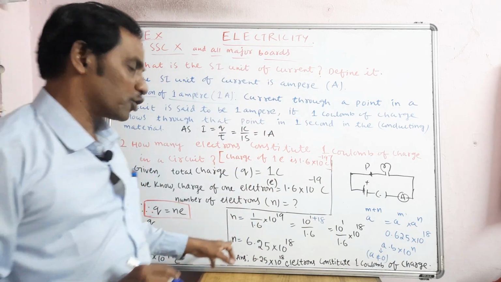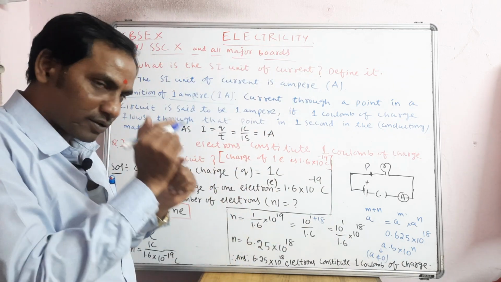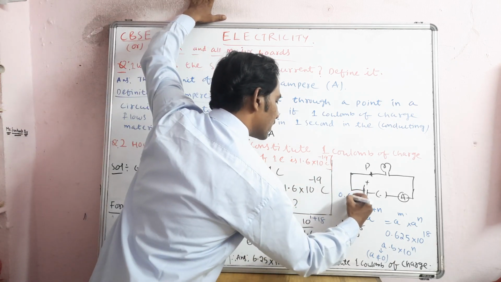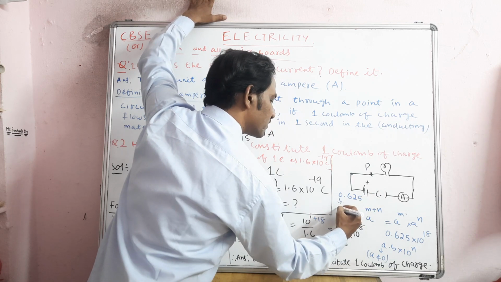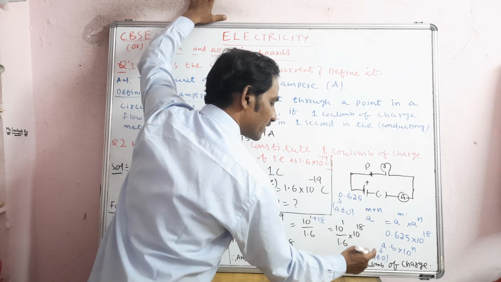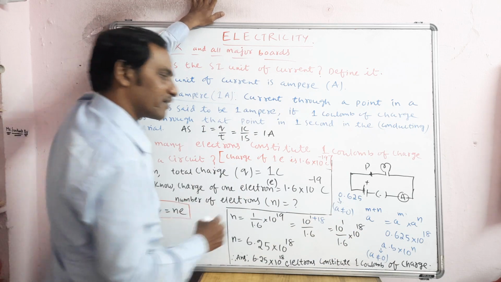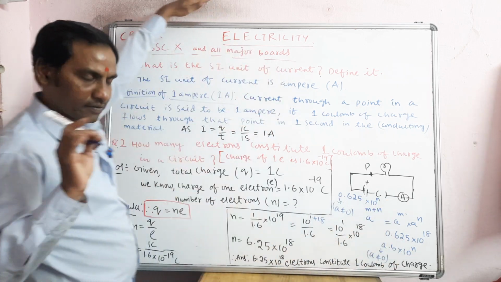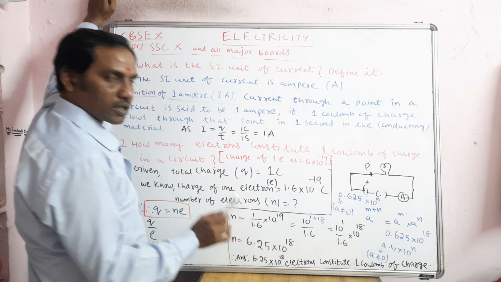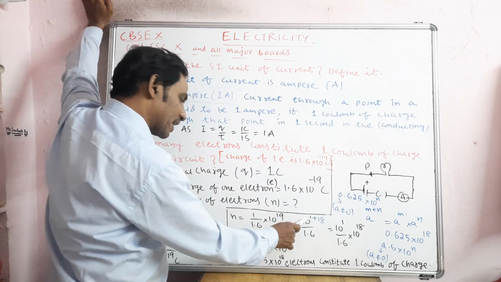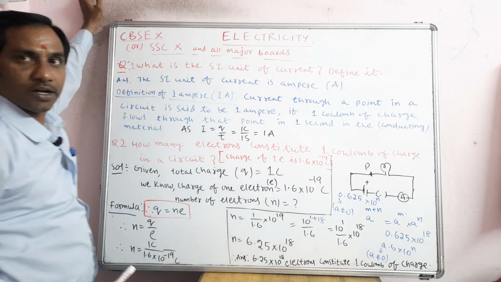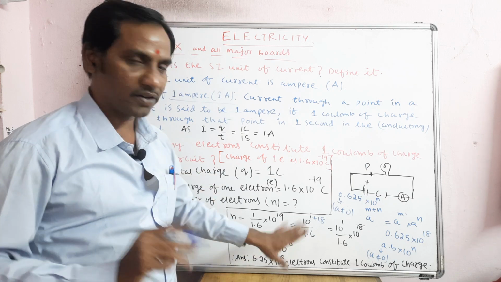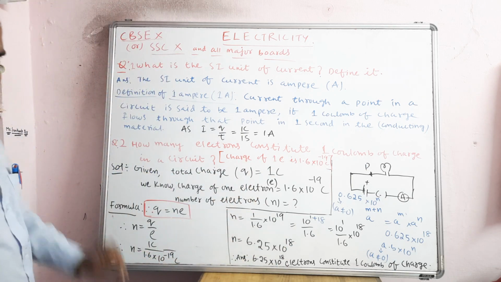If you write 0.625, the left side will be 0. So what I did is divide 10 by 1.6, and you get 6.25, where 6 is a non-zero number, so in that way it will be useful. Alright, now we will go to the next.